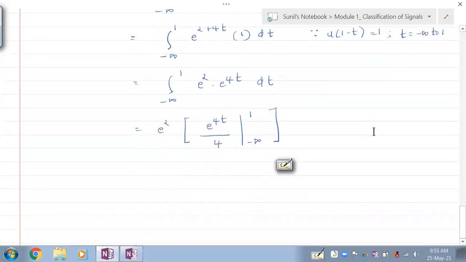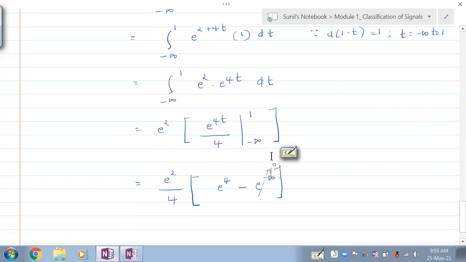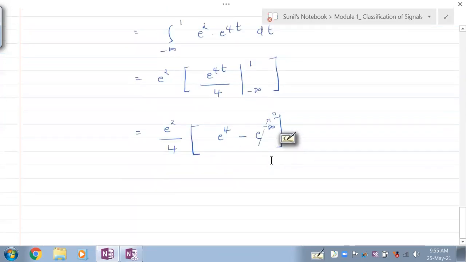Further it looks like e power 2 divided by 4 times e power 4 minus e power minus infinity. E power minus infinity is 0; we have been seeing that. So what would this be? It is going to be e power 2 into e power 4, so it would be e power 6 by 4.